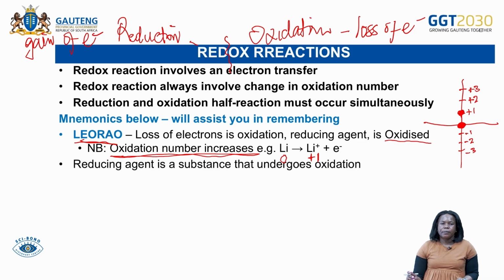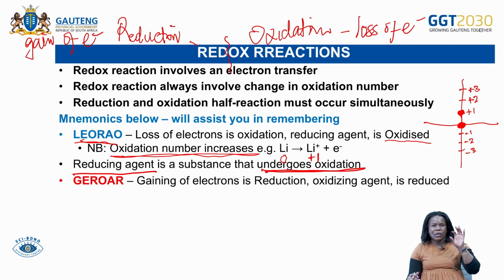And then the reducing agent is a substance that undergoes oxidation. This is very important. A reducing agent is a substance that undergoes oxidation. All right, and then we move on to the second mnemonic, which is GER.